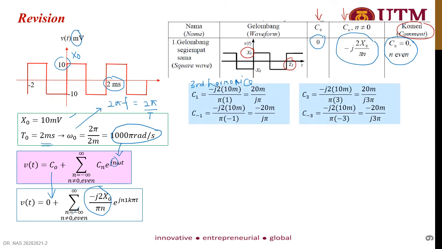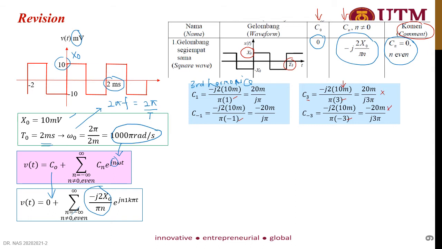So this is a Cn, so replace all the values in, so negative j 2x naught, your x naught is 10 milli, and then divided by pi n, in this case for n equal to 1, and this is for n equal to minus 1. Okay, same goes to the third harmonics, n equal to 3 and n equal to minus 3. So this is your x naught, from the equation. So this is the final answer.